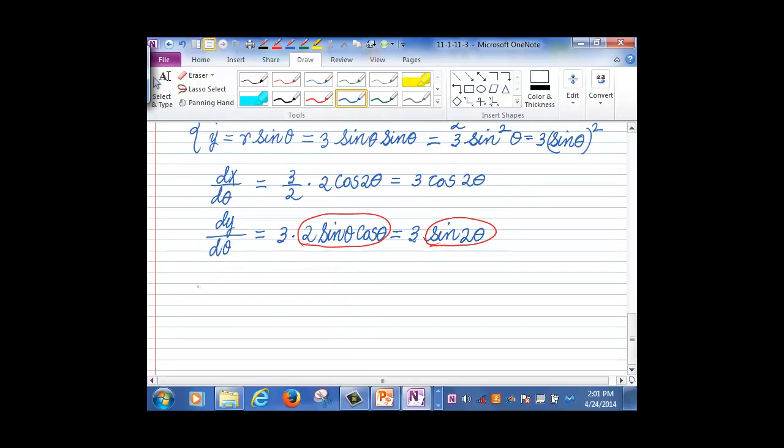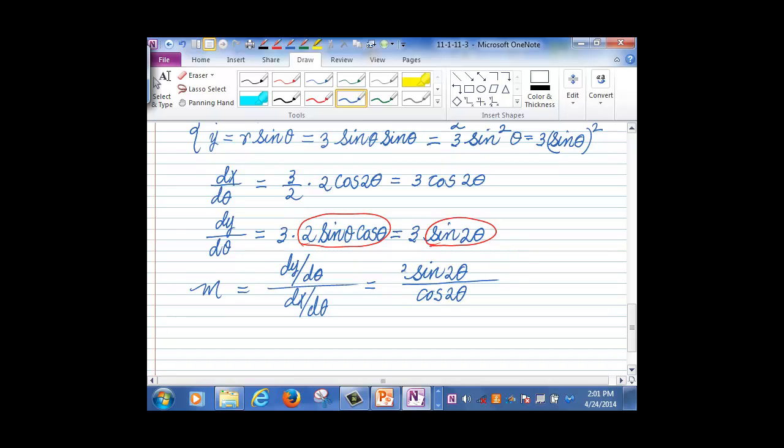Now, what's the slope then? The slope is dy d theta over dx d theta. And that is equal to what? You guys agree with me that this is sine 2 theta over cosine 2 theta.